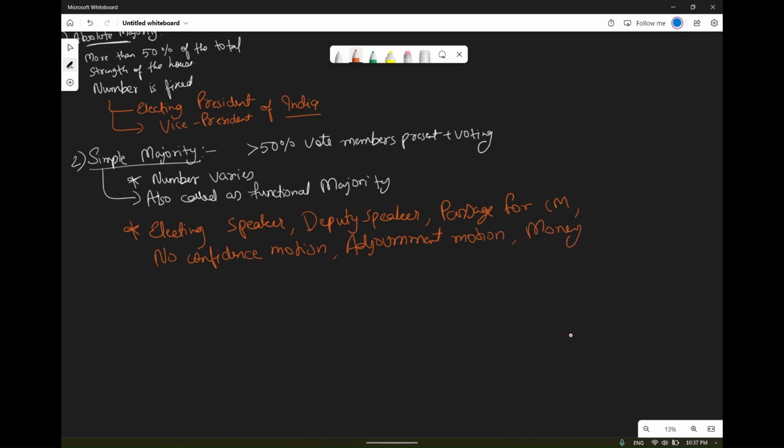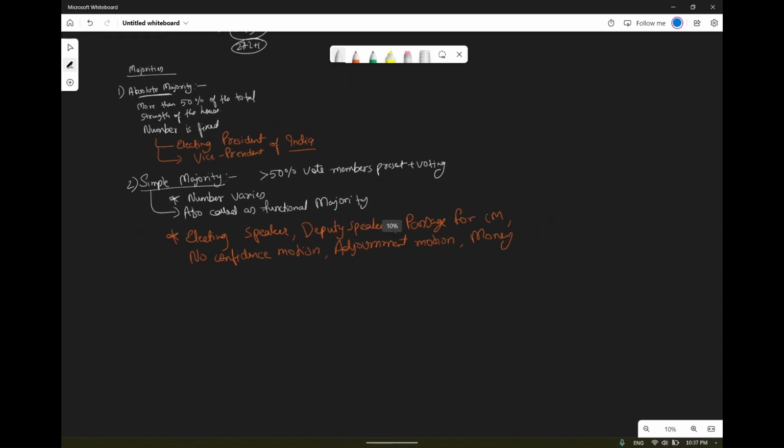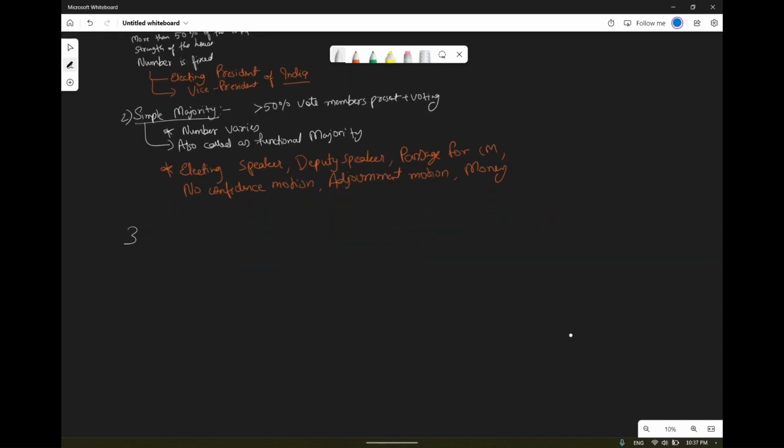In such cases, simple majority is required: 50% of the votes of the members present and voting. Okay. Now, third.